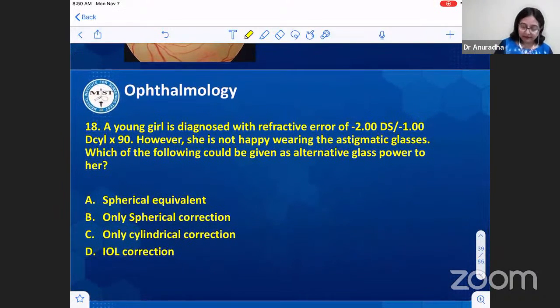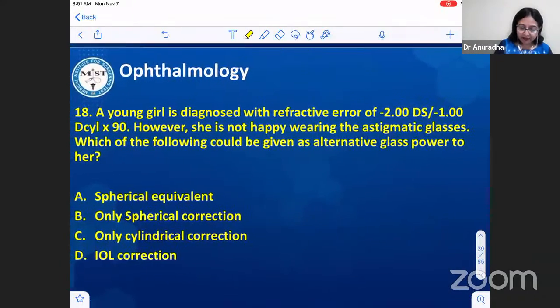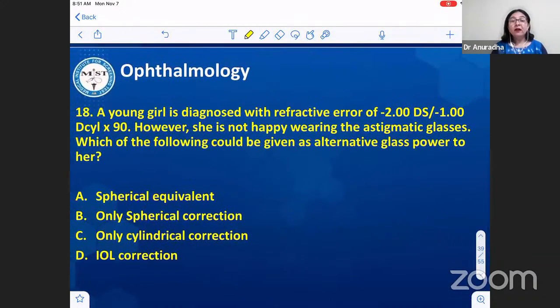A young girl is diagnosed with a refractive error of -2 diopter sphere, -1 diopter cylinder at 90 degrees. However, she is not happy wearing the astigmatic lenses. Which of the following could be given as an alternative glass power to her?